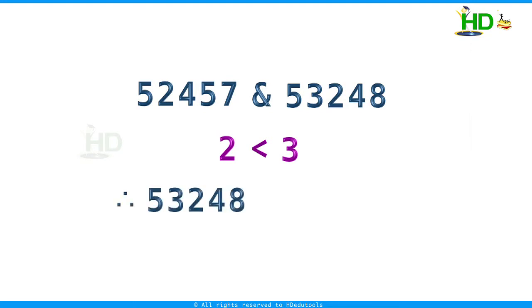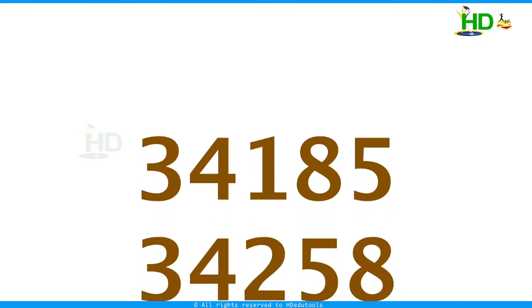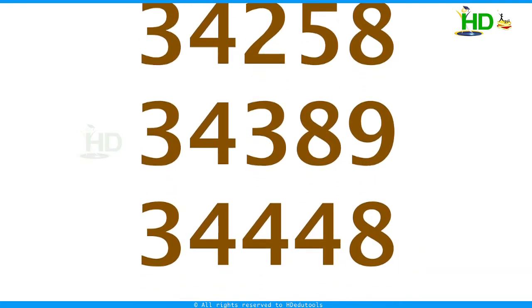The digit in thousands place is 2 in the first number and 3 in the second number. And as we know that 2 is less than 3, now we can say that 53,248 is greater than 52,457. So here the greatest number is 53,248.